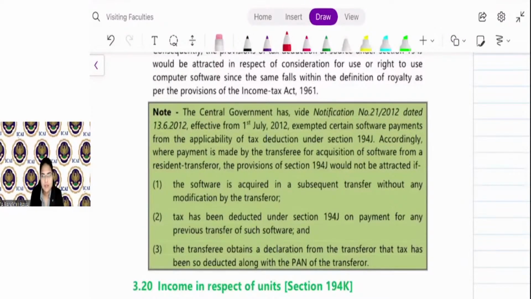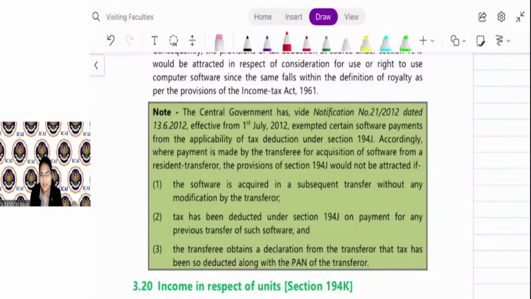Tax must have been deducted under section 194J on payment for any previous transfer of such software. So on the first transaction, TDS under 194J is already deducted. Then in a subsequent transfer, TDS is not required to be deducted.